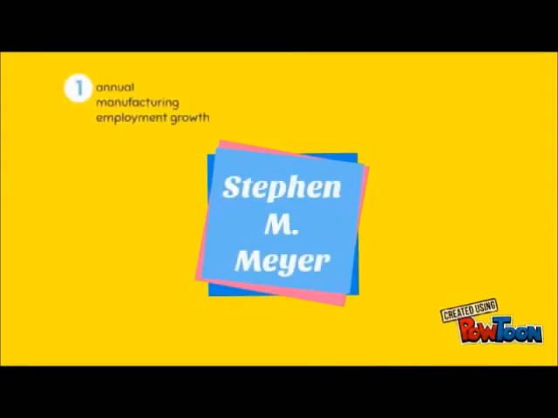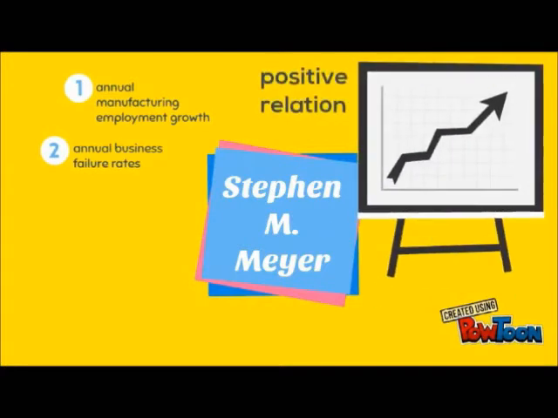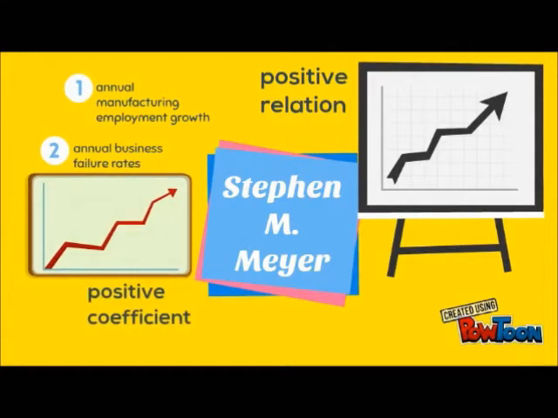A study made by Stephen M. Mayer states that environmental cost contributes to annual manufacturing employment growth and annual business failure rates. Strong environmental policies have a positive relation with the growth of annual manufacturing employment. The study also showed a positive coefficient, meaning that stronger environmental policies would experience a higher rate of business failure.